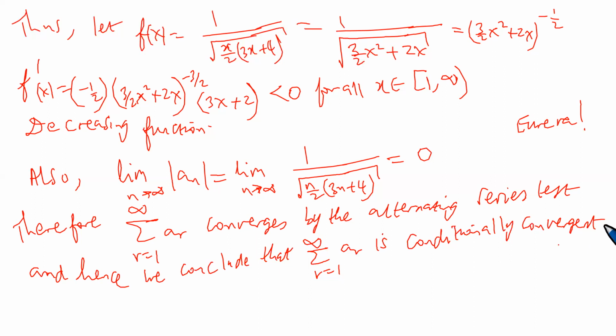So it was divergent before, but now we found that it is conditionally convergent because it is the alternating series test that is bringing about convergence. So we conclude that it is conditionally convergent. Okay, so that's one thing that we just have observed.